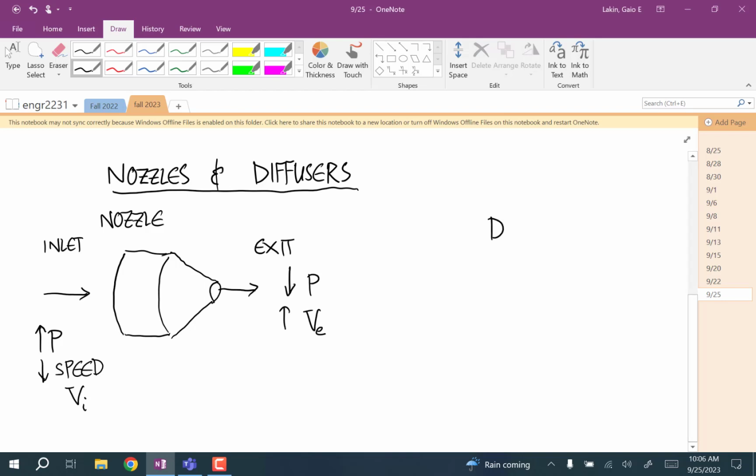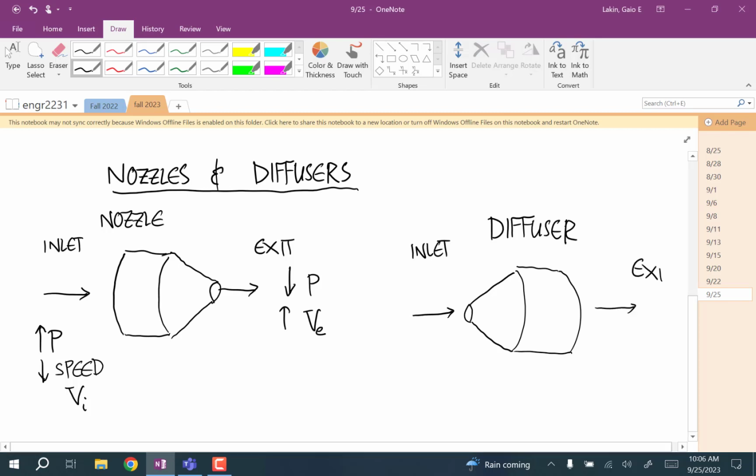And a diffuser is the exact opposite thing. So in this case, your inlet is this side, and your exit is this side. You have the fluid flowing really fast.